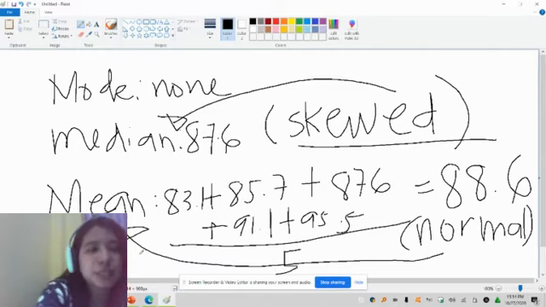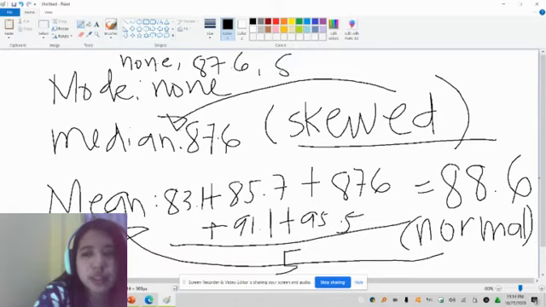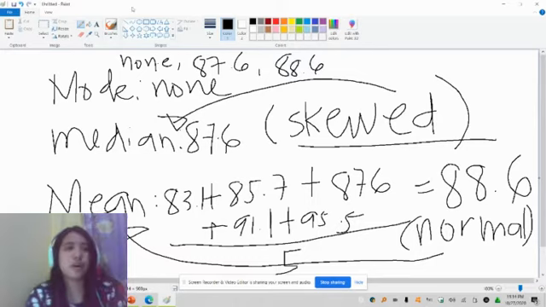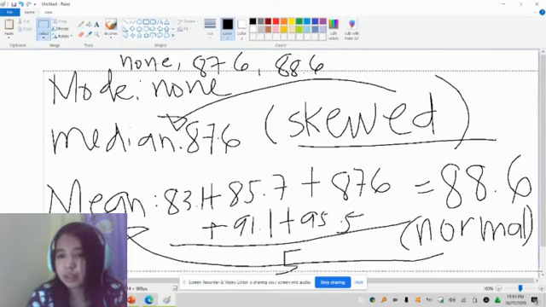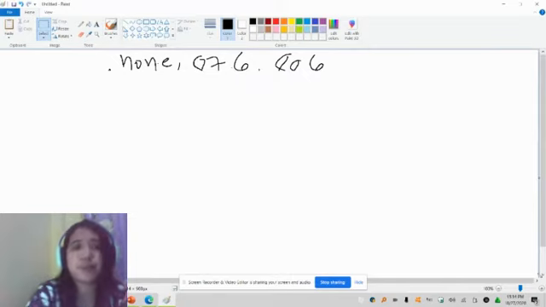Let us place our answers here: the mode is none, the median is 87.6, and the mean is 88.6. So these are our values, so that we can again come up with our table.